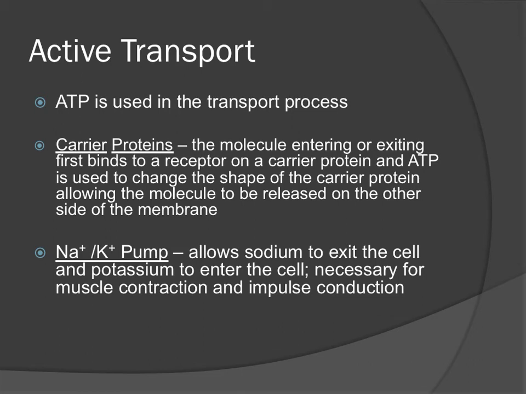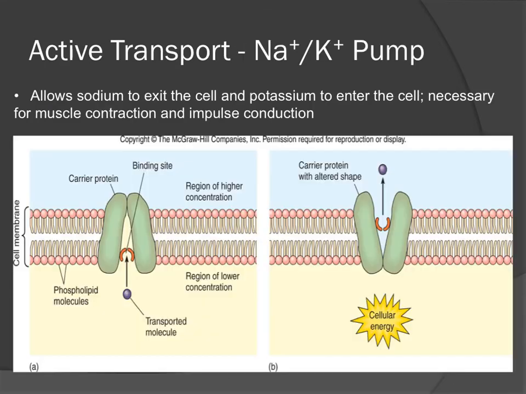Now, this is responsible for maintaining the large excess of sodium outside the cell and the large excess of potassium ions on the inside. So again, the sodium-potassium pump simply allows sodium to exit the cell and potassium to enter the cell, and it is necessary for muscle contraction and impulse conduction.